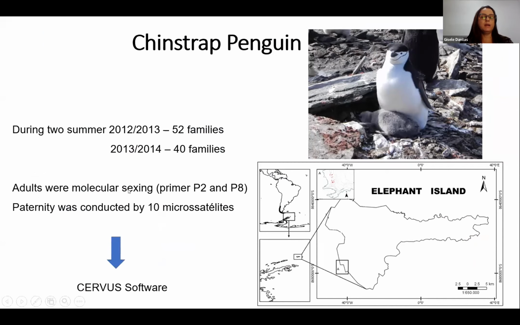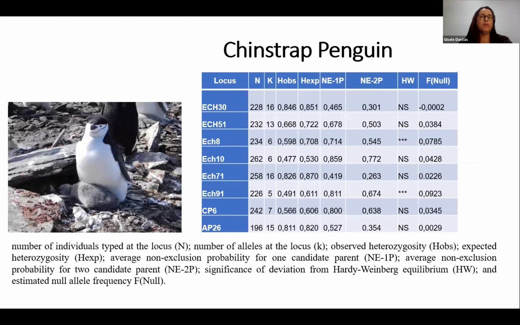In the same way, the adults were sexed by molecular genetics, using the primers P2 and P8, and paternity was conducted with 10 microsatellites using two software programs. We found poor amplification of two microsatellites and excluded them from the analysis, keeping 8 microsatellites for paternity in the end.